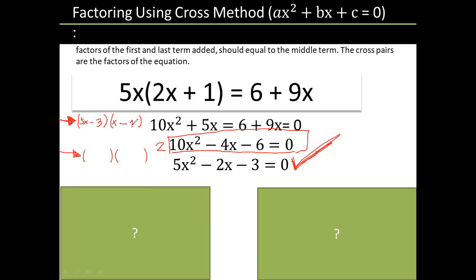Yes. Okay, we do the factors only. We will not equal it to 0. So your answer is 5x minus 3 and x minus 1, correct? Grace, is this the one? Yes. Okay.